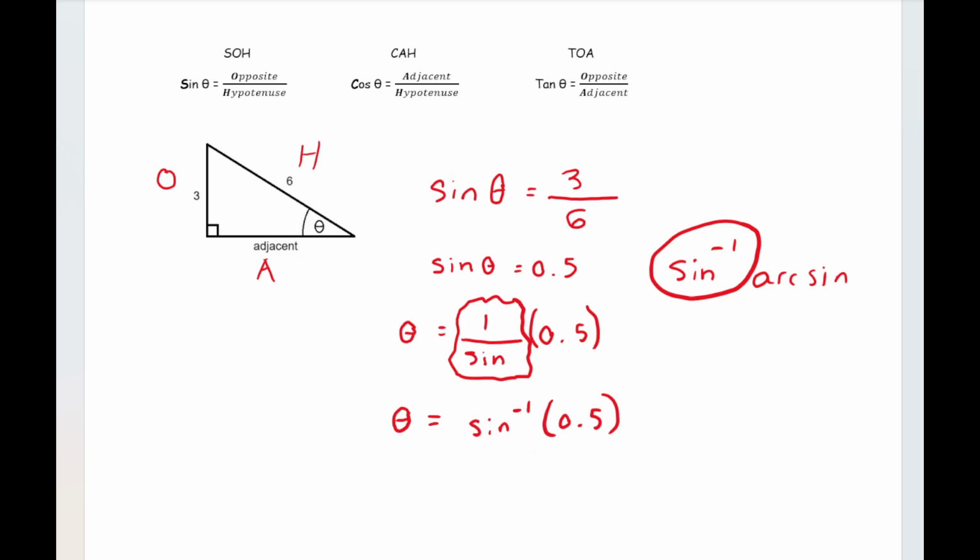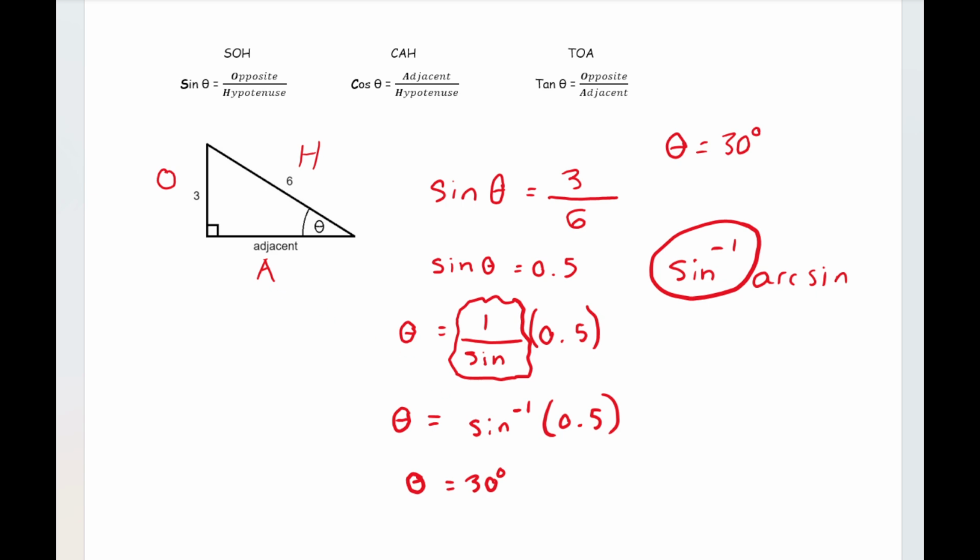Now, if you plug this into your calculator, this will work, and you should hopefully get a value that tells you that theta is equal to 30 degrees. If you got something different, it could be your calculator is in radians mode instead of degrees mode. So it's always a good thing to check and make sure that it's in degrees mode. Otherwise, you might get something else. So we got our theta value is equal to 30 degrees now. I'm going to write that up here, just so it's out of our way.